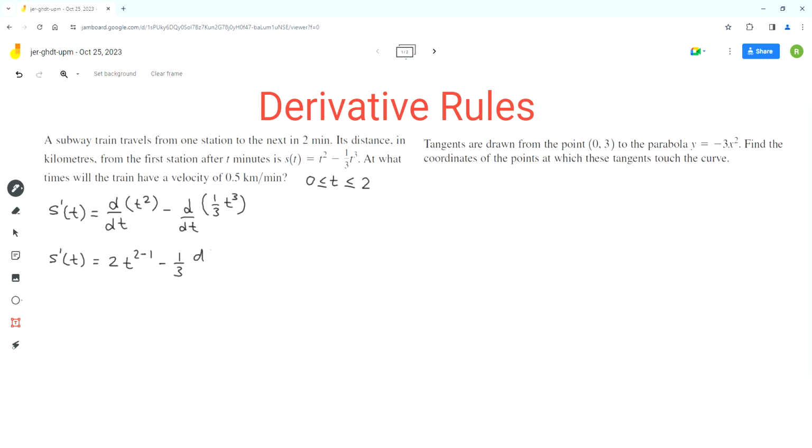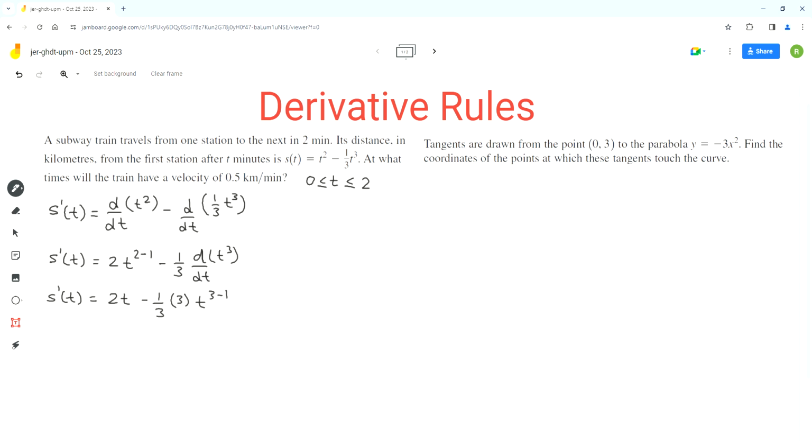And we now have to do the derivative of t cubed. In the next step we can simplify, so we get 2t because the exponent of t is 1. We do not write 1 as an exponent. And in the second term, here we move the 3 to the front from the exponent and we subtract 1 from 3.